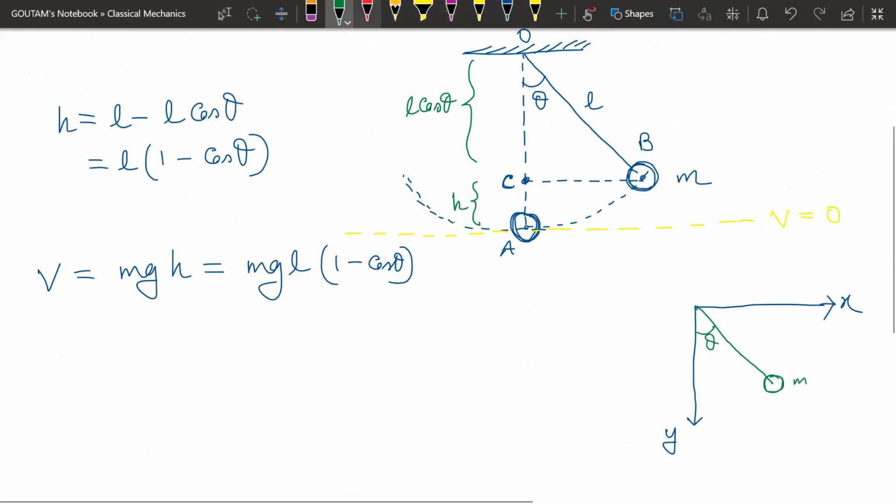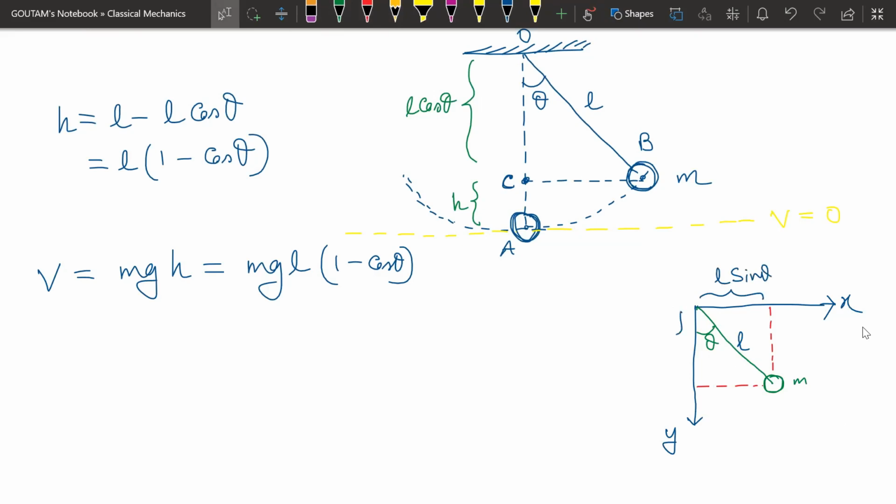If the length of the pendulum is L, then this length is L sine theta, and this length is L cos theta. So this is basically y, and this is basically x.